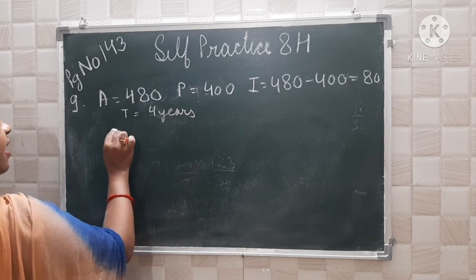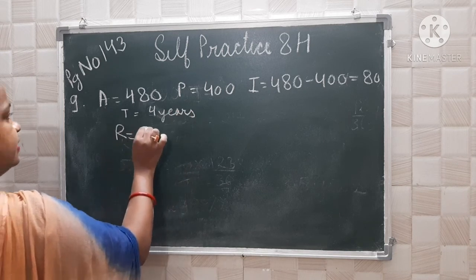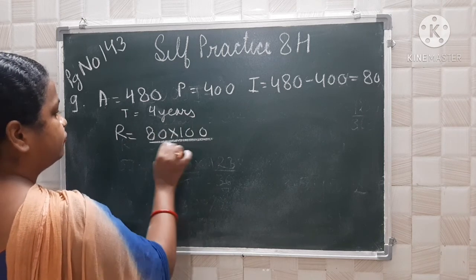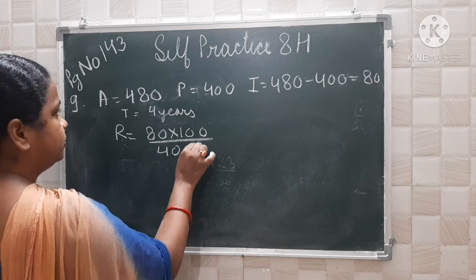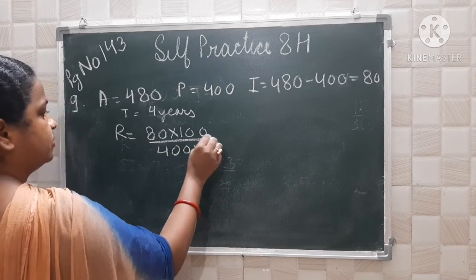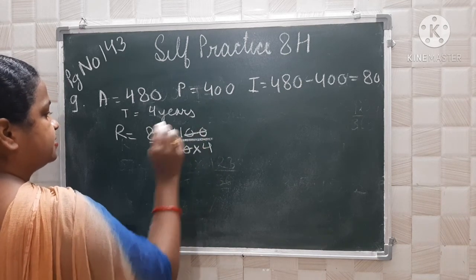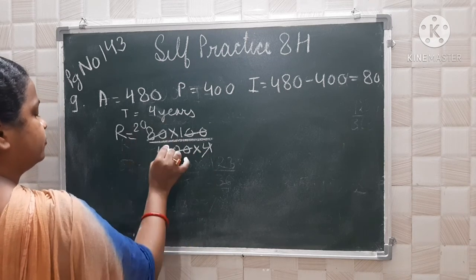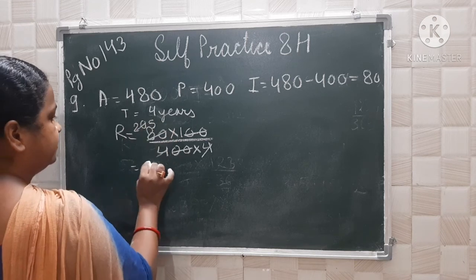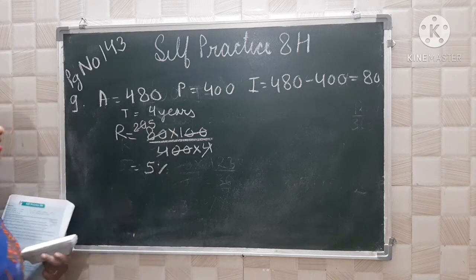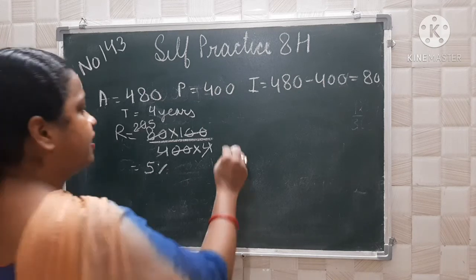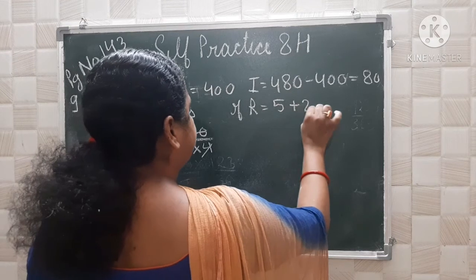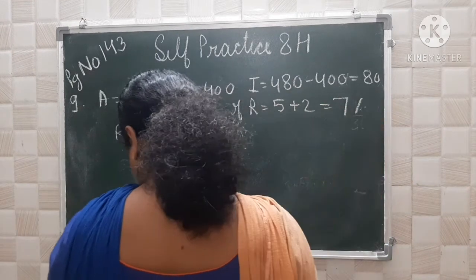So what is your R? 80 into 100 upon 400 into 4. So 0 0 cancel out. 4 20s and 4 5s. The rate of interest is here 5%. If R is equal to 5 plus 2, that is equal to 7%.